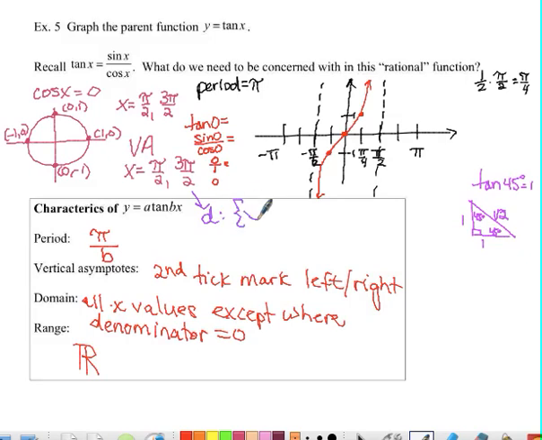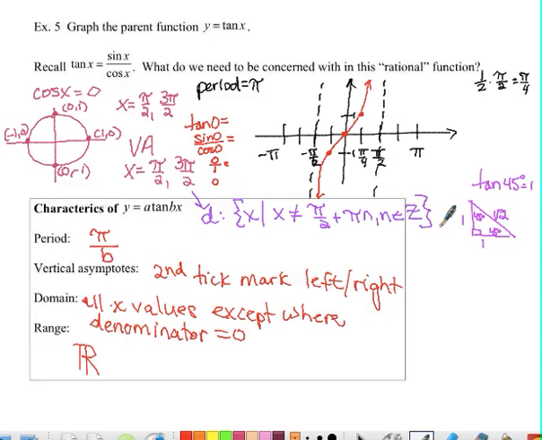It'll be the set of all x such that x cannot be equal to pi over 2 plus pi n, where n is an element of the set of integers. So it's some pretty fancy notation. We'll do that in pre-calculus. I'm not going to take you there this year in Algebra 2.